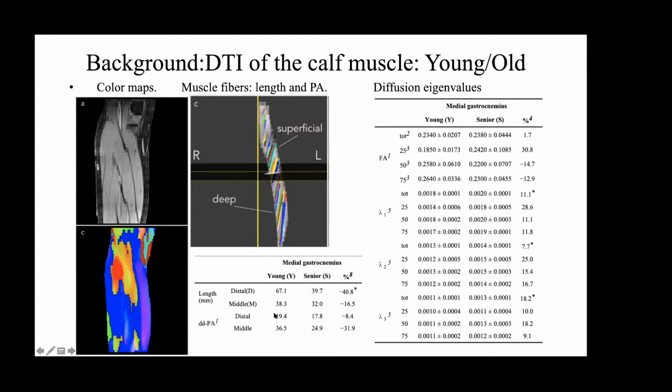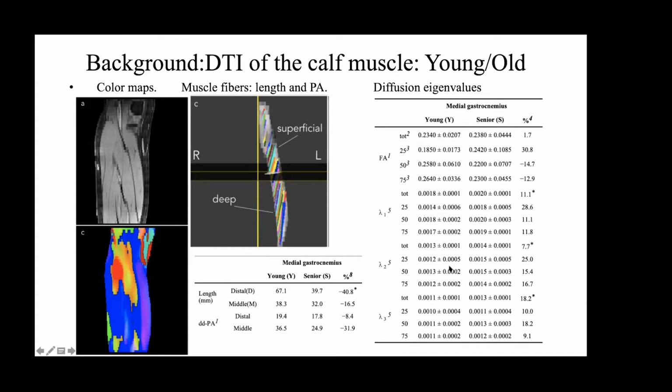And we saw, as seen before from ultrasound studies or biopsy studies, the length decreased with age and the pennation angle also decreased with age. And this color coded map is giving you an idea of the direction of the fibers, which was used in tracking these actual fibers. So these are not lines drawn manually. These are actually tracked using the vector direction of the fibers.